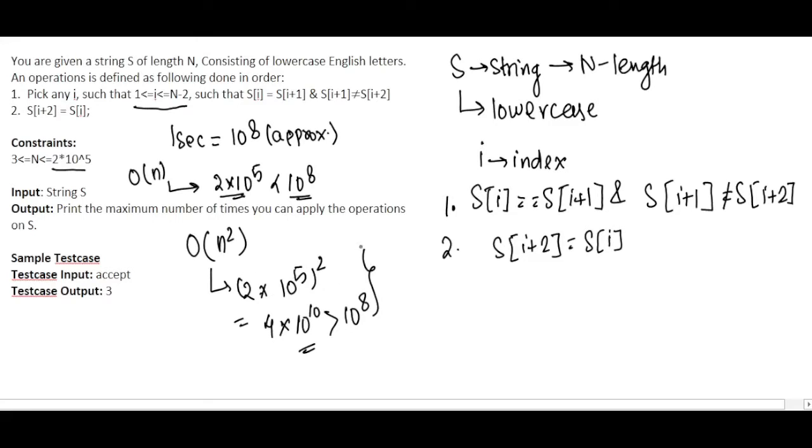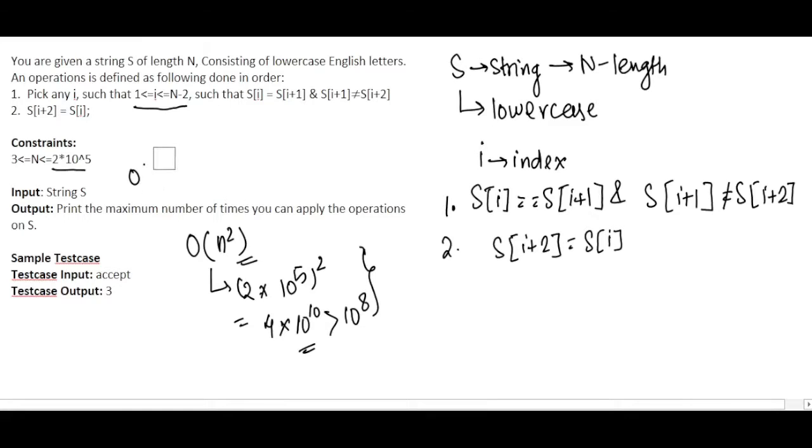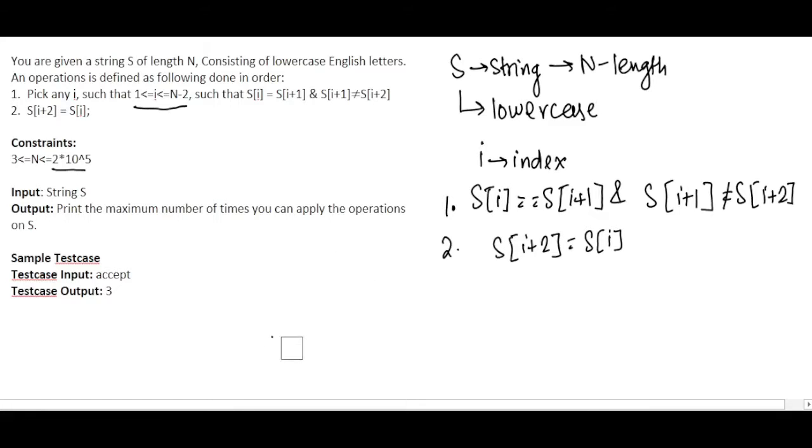So we cannot find our solution in order n square time complexity; we should find the solution in order n time complexity. If you understand the constraints, that will help you gain marks in the programs, and sometimes people don't consider these constraints and don't get full marks.